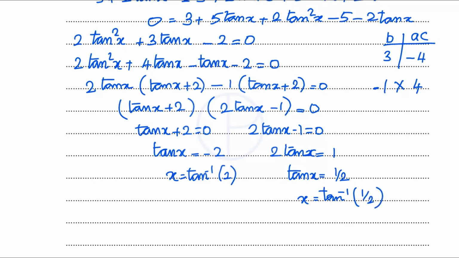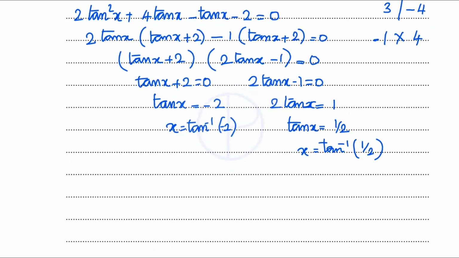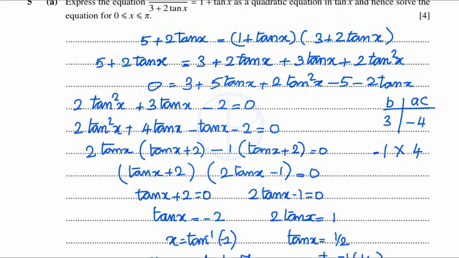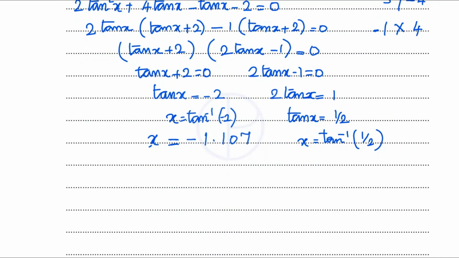Okay, so x is equal to tan inverse of negative 2, which is nothing but negative 1.107. So it's given x lies between 0 and pi. So x is here negative 1.107.